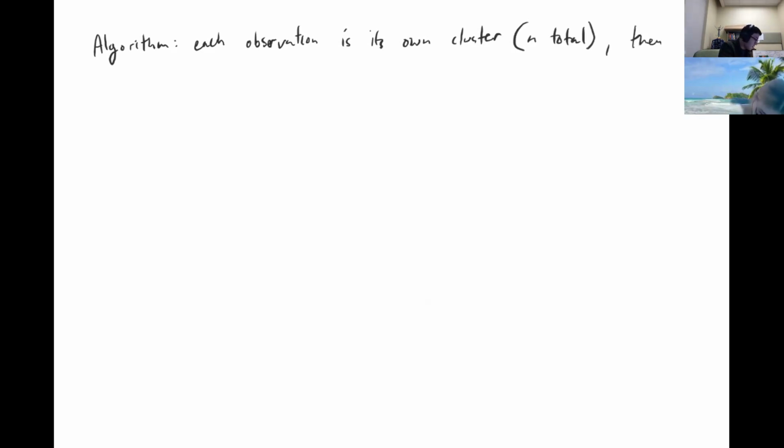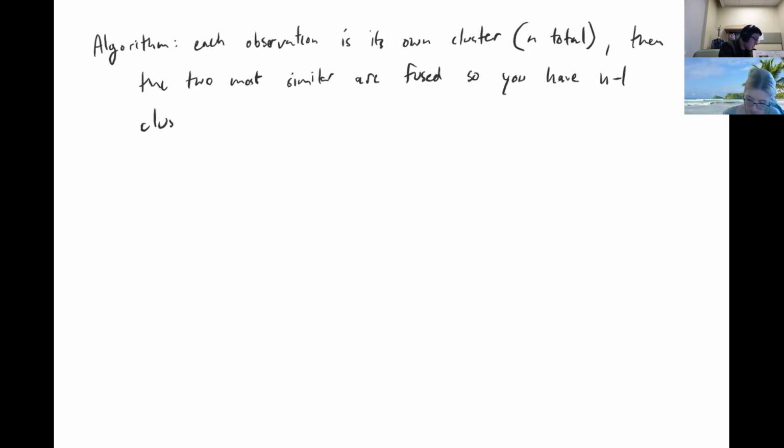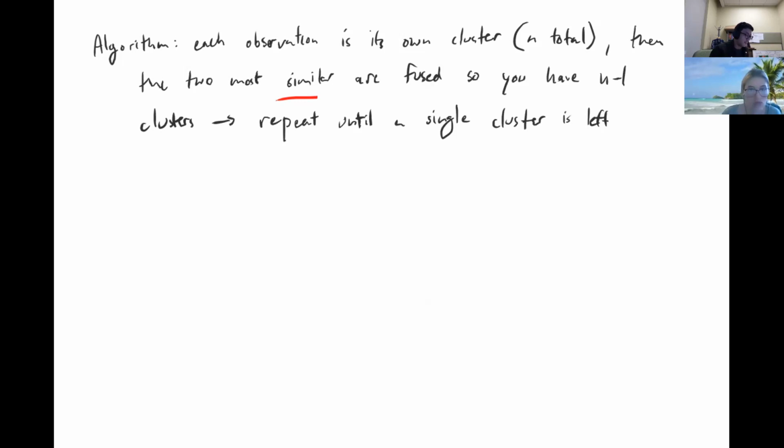Then the two most similar are fused. So you have n minus 1 clusters. Repeat until a single cluster is left. Okay, and so what does that mean, the two most similar?